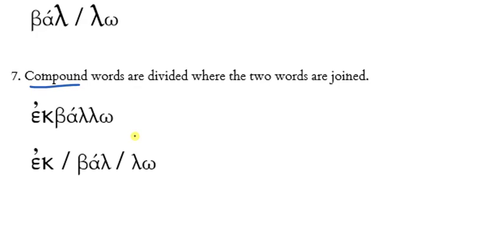Angelos. Amen. Anthropos. Apostolos. Galileia. So the alpha iota is a diphthong. Galileia. How many syllables do I have there?